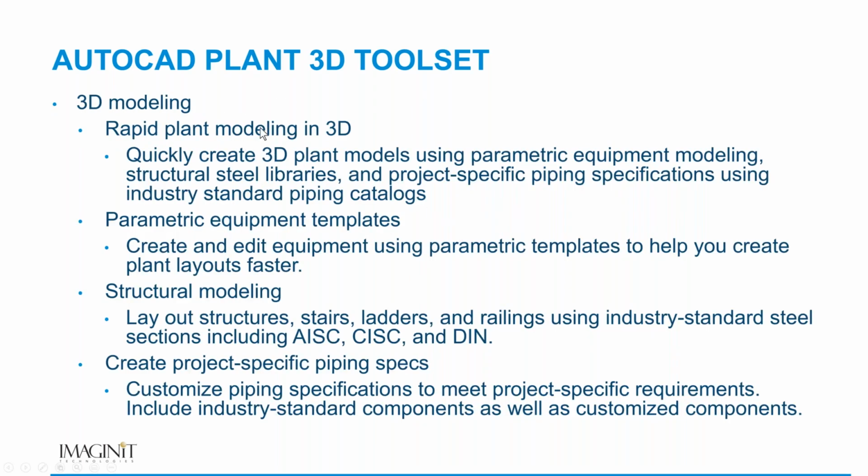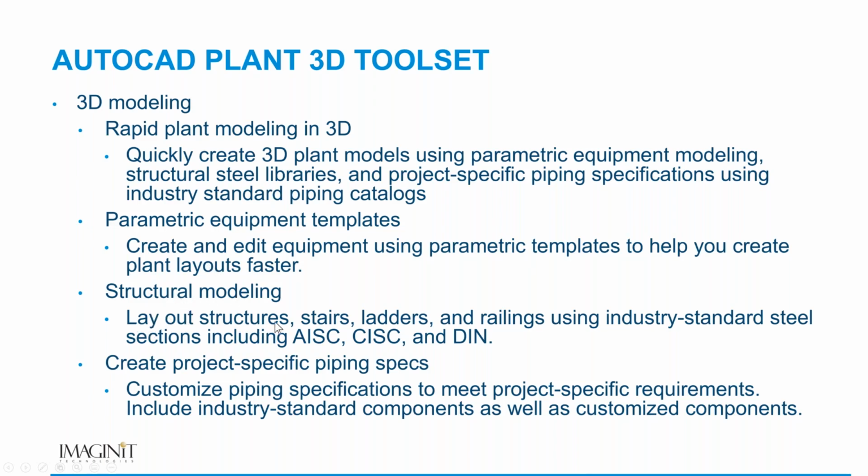So you've got rapid plant modeling in 3D. You can quickly create 3D plant models using parametric equipment modeling, structural steel libraries, and project-specific piping specifications using industry standard piping catalogs, which are included in Plant 3D. You've got parametric equipment templates, so you can create and edit equipment to help you create plant layouts faster.